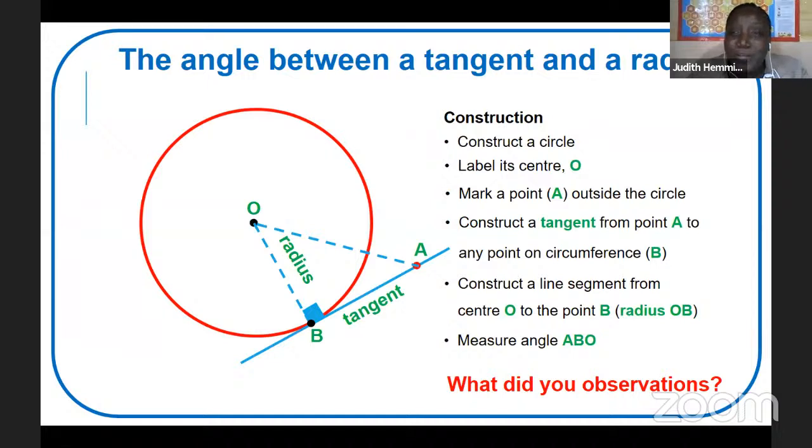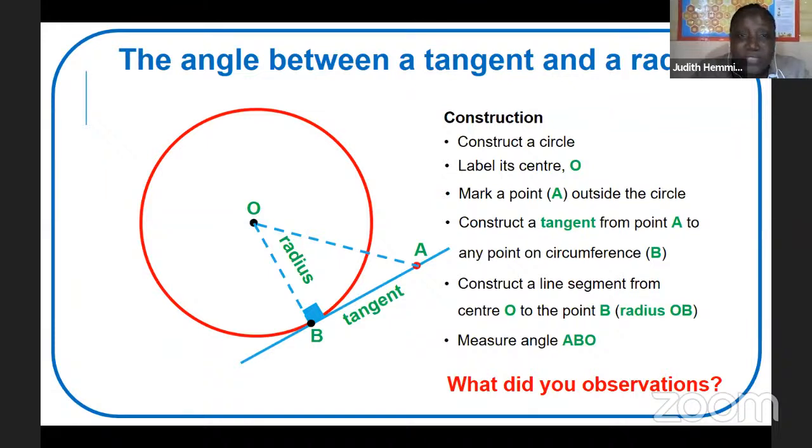All right. Where is the right angle forming, Shanique? Which two lines are responsible for that right angle being formed? Yes. It's very important that you highlight that the right angle is formed between the tangent line and the radius.